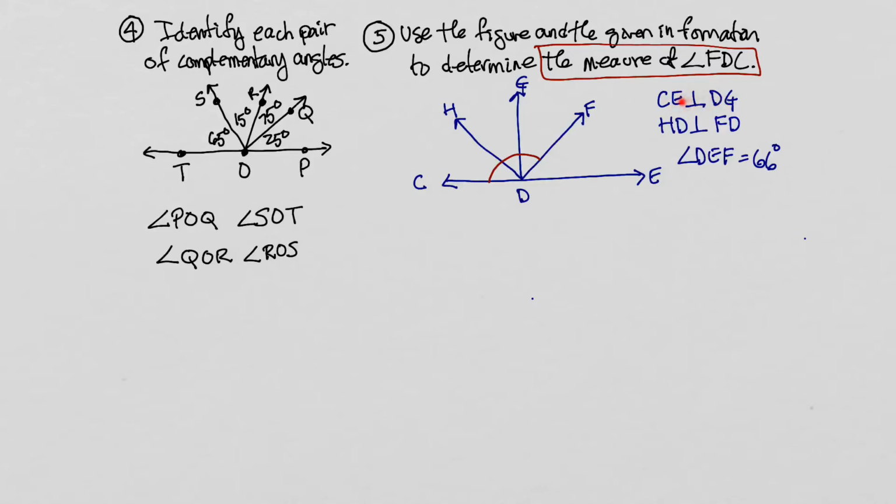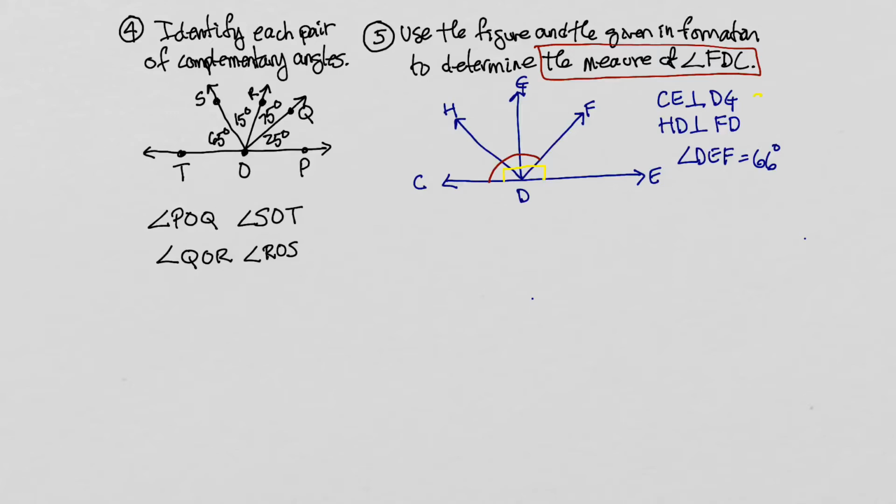Now, this first piece of information says that CE, now that's the line CE, is perpendicular to this line here, DG. All right, so we do know this. We do know that that angle right there and right there, those are 90-degree angles. Right? Those are 90 degrees.